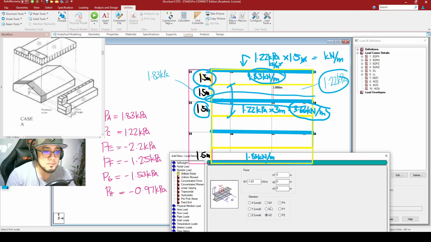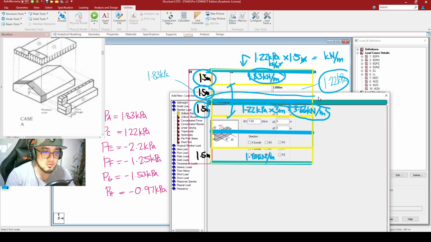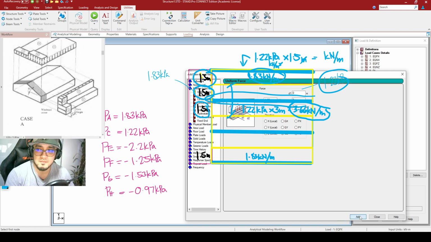Because if I would be pressing GY, our load right here would act vertically downwards. If I would be pressing GZ here, my load would now act towards the negative z direction. So I want that to happen. So I would be clicking add here.